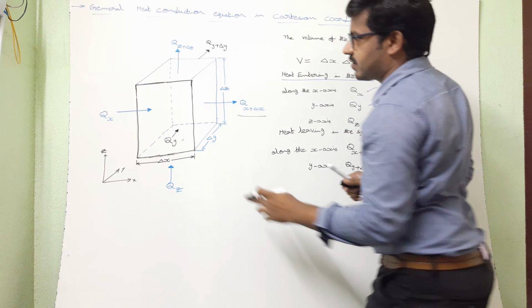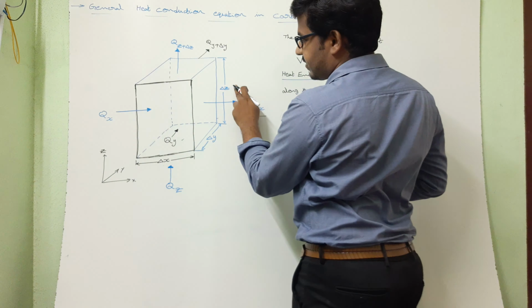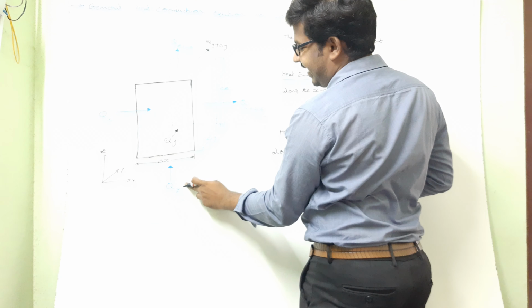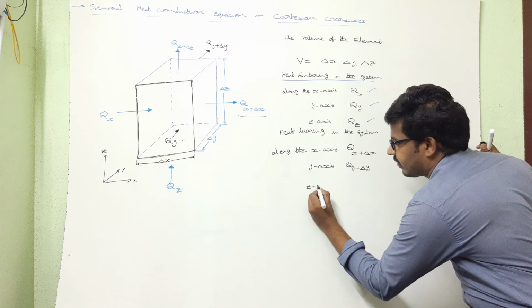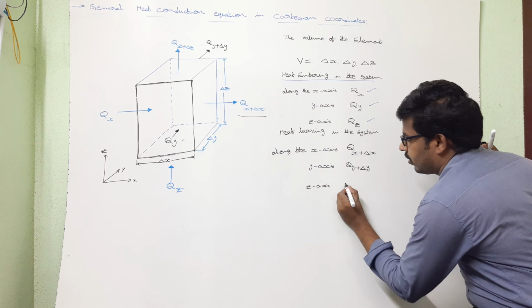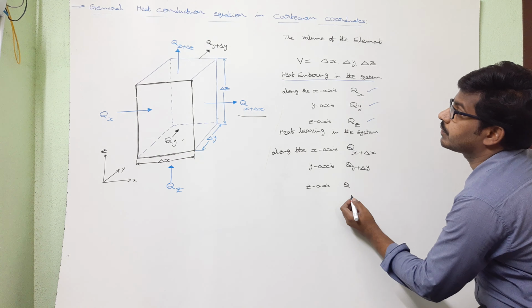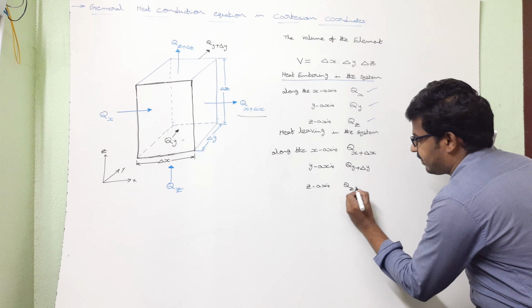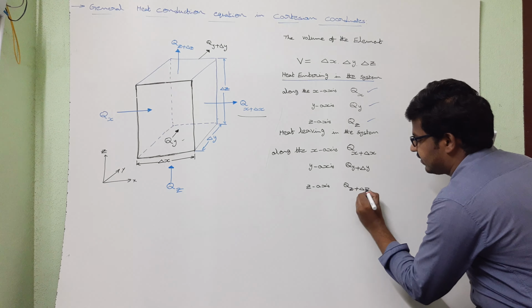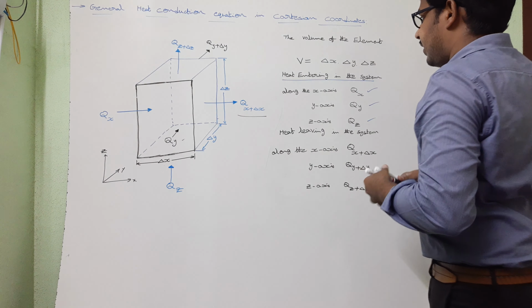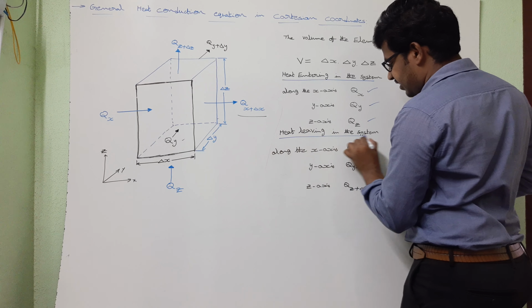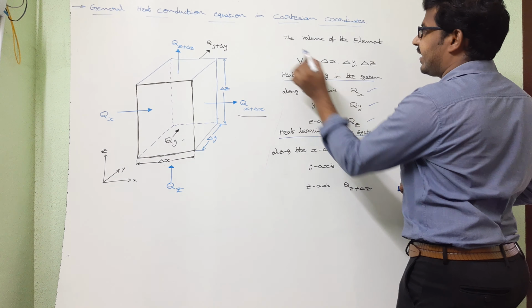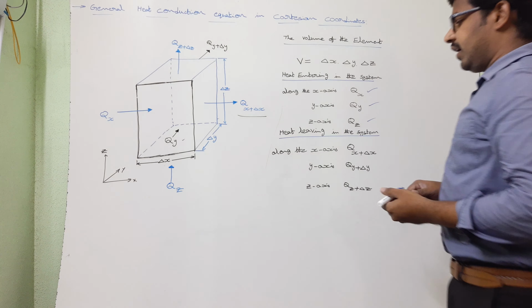Along the z-axis, this is heat input qz and heat leaving qz plus delta z. These are the main terms in the Cartesian coordinate system: the heat leaving, heat entering, and the volume of the element.